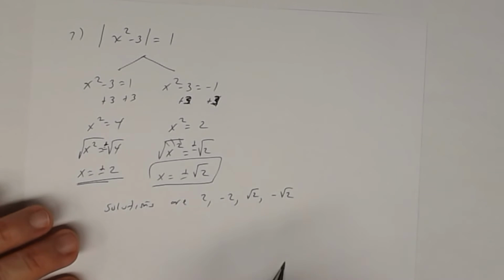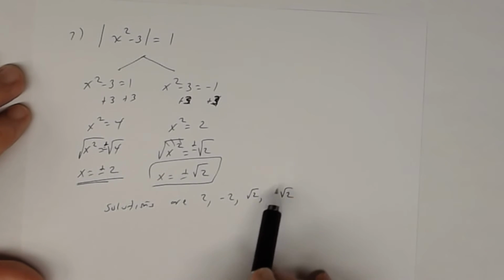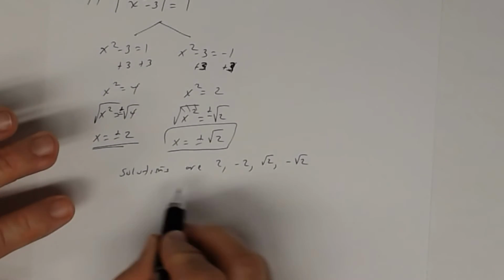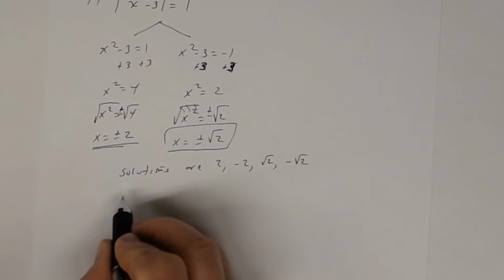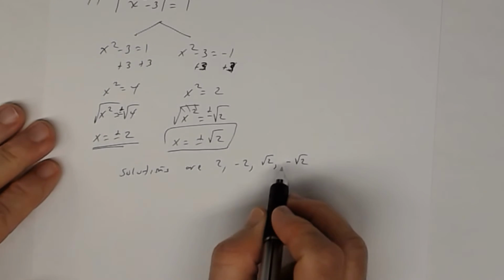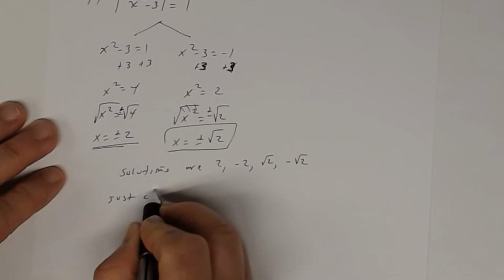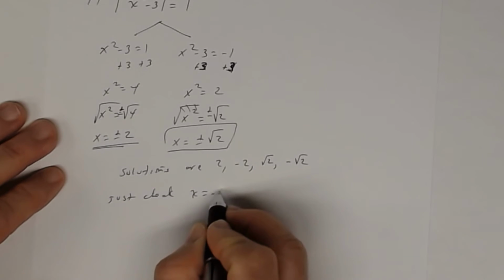And I just want to show you how to check this real quick. Let's do negative square root of 2. Those are your solutions, but what I'm doing is I just want to show you how to check this with one of the radicals. So let's just check x equal negative square root of 2.